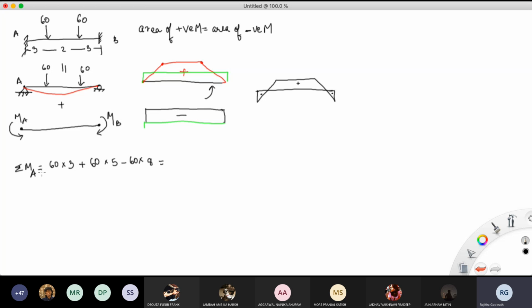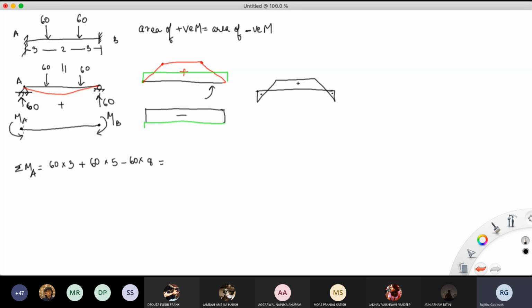Oi, I did gadbad, I shouldn't have done that this way. MA though is always going to be 0 only. Let me write here 60. We will do this only when we have to find out what is the reaction, but we can guess that the reaction is 60 and 60 because it's equidistant.